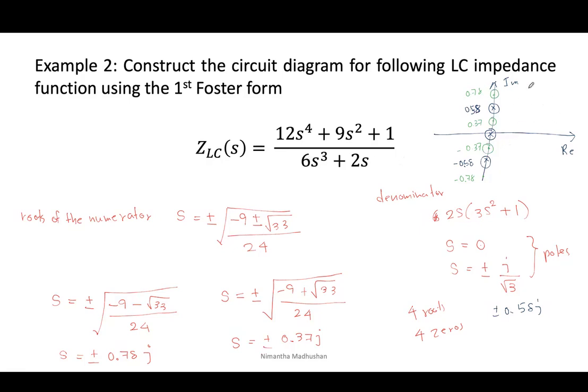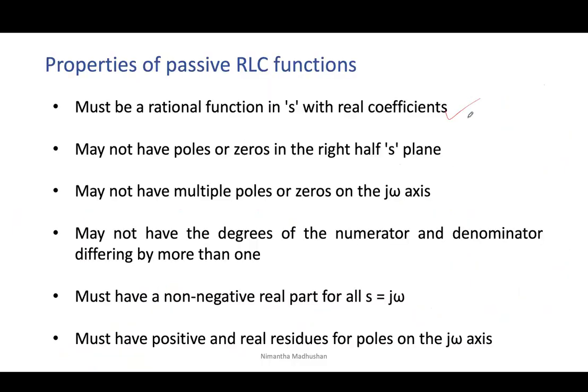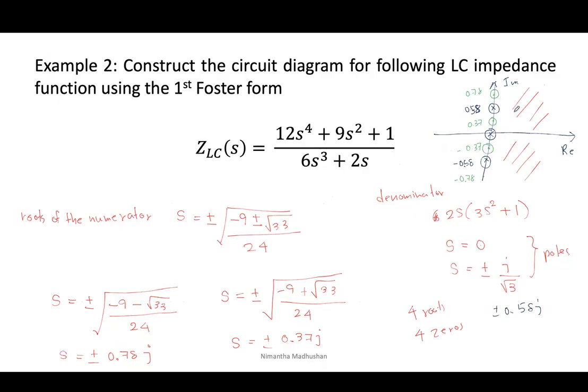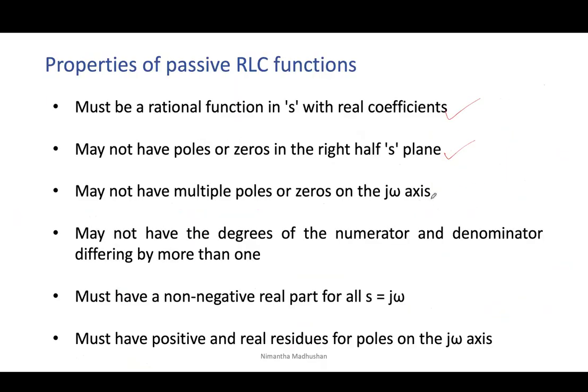You can see this is the right half plane. There are no poles or zeros in this plane. All are on the imaginary axis. Then the second one is also satisfied. And the third property says it may not have multiple poles or zeros on the j omega axis. There are no multiple poles or zeros. Then the third one is also satisfied.